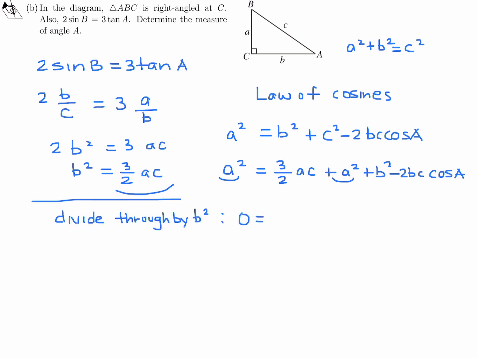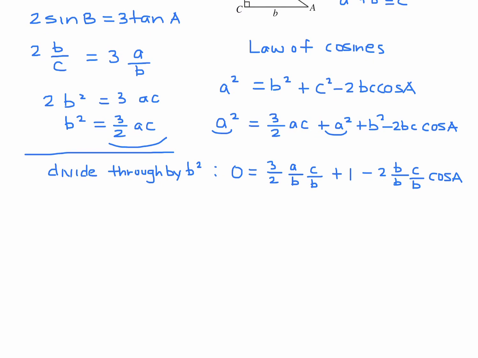So if I do that, I get 3 over 2, A over B, C over B. B squared divided by B squared just gives me 1. And then this will be 2B over B, C over B, and then cos A. And I think this will be helpful for us to solve this.